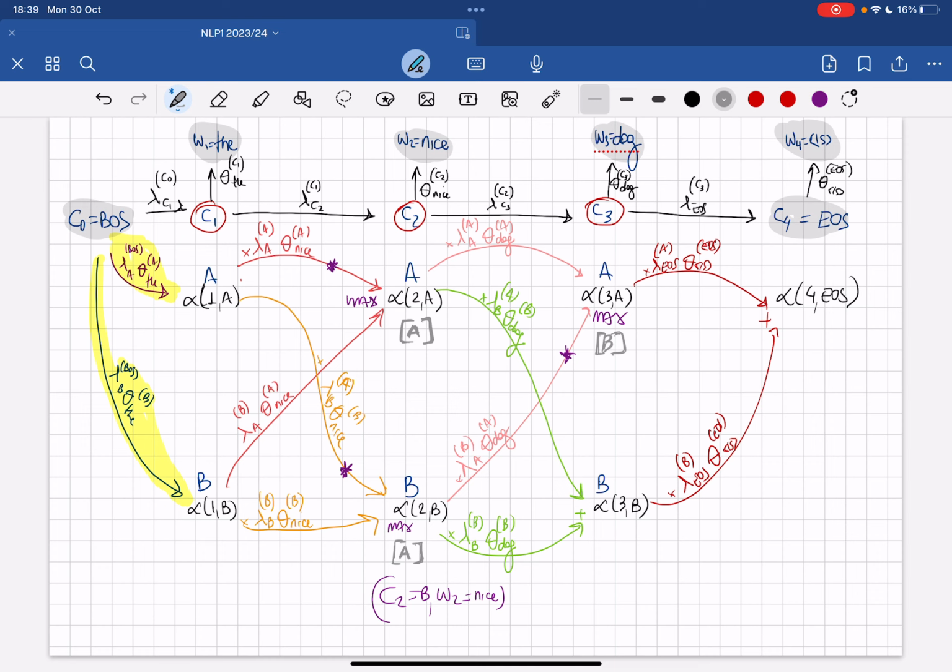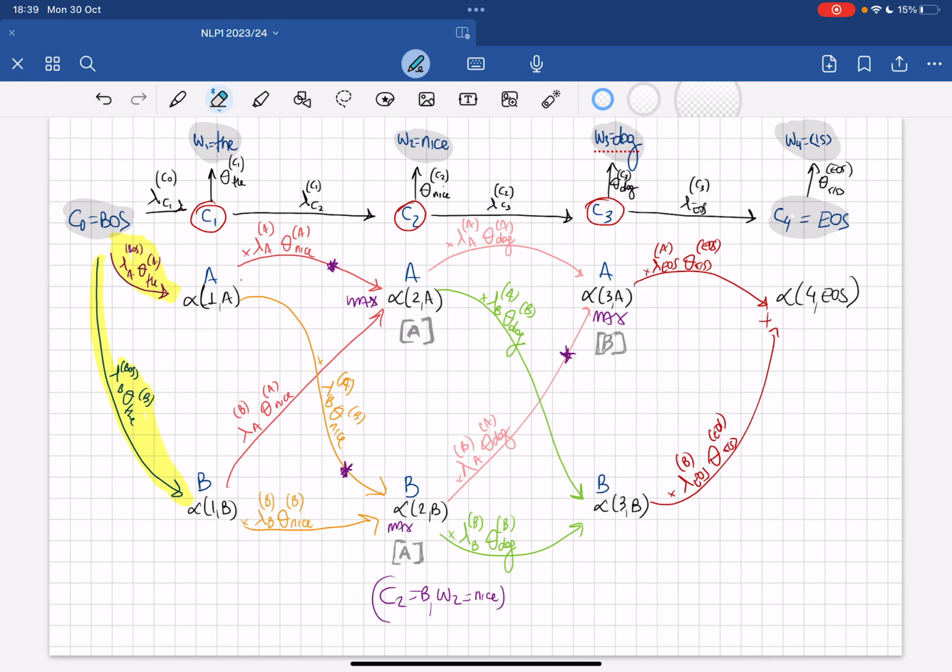Let's solve this one again. So here we are computing the probability of the best sequence that ends in C3b, W3 dog. And for that, we have two options: to continue from alpha 2a or to continue from a sequence that ended in 2b. The probability of this extension is alpha 2a times this transition emission pair. The probability of this other extension is alpha 2b times the probability of this transition emission pair.